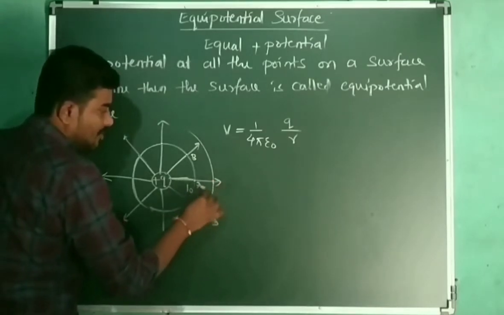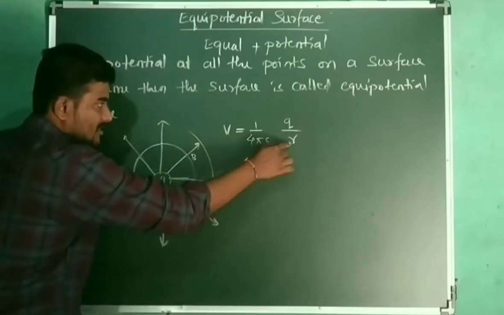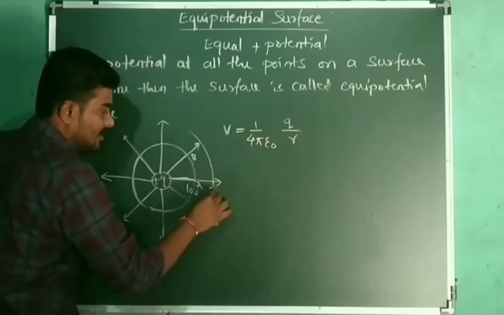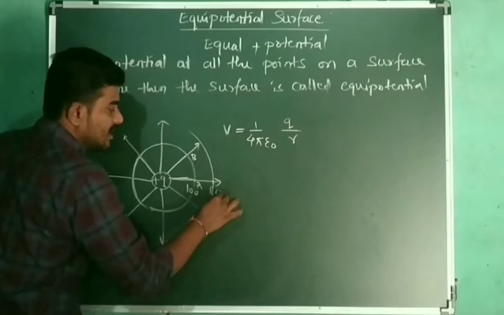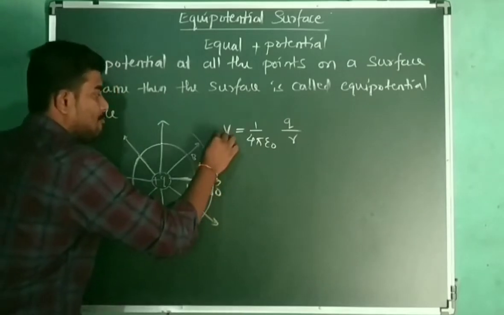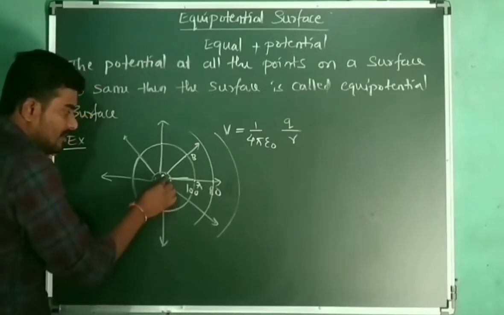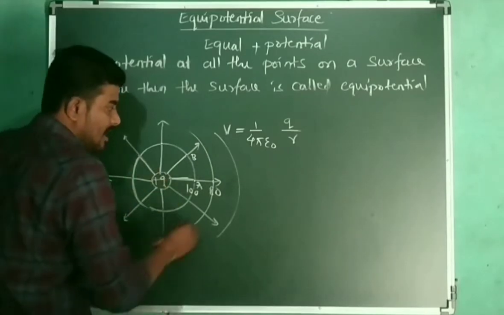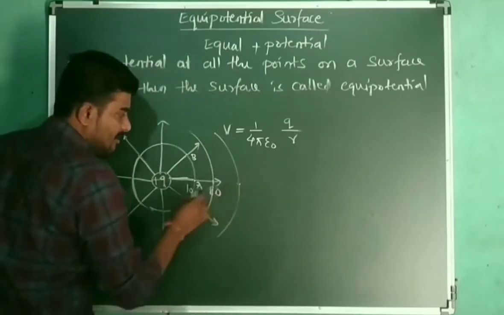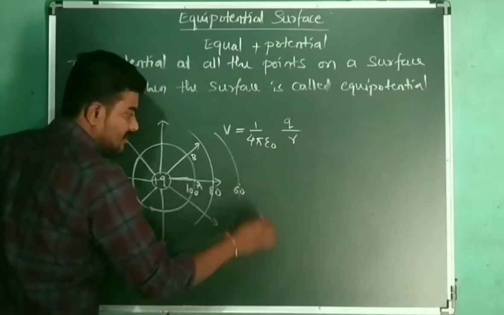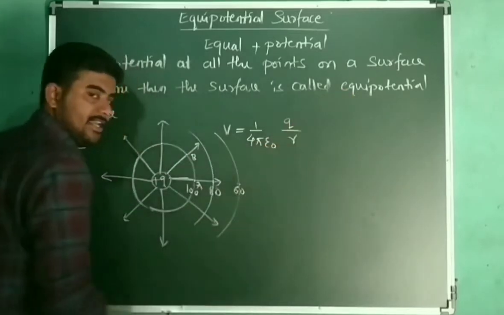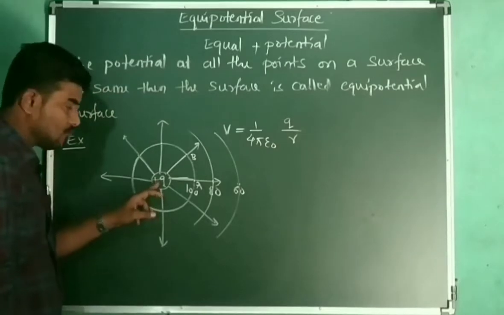At this point the potential decreases, because as R increases, potential goes on decreasing, so say it is 80. If I consider one more concentric sphere with this Q as the center, the potential is going to be 60. Potential goes on decreasing as you walk away from the source charge.